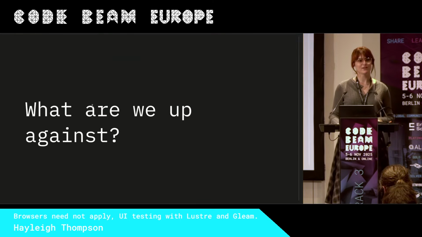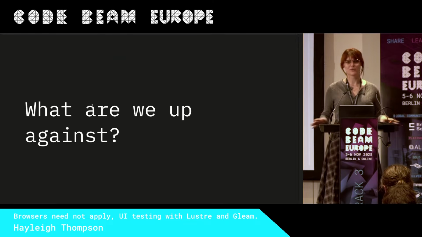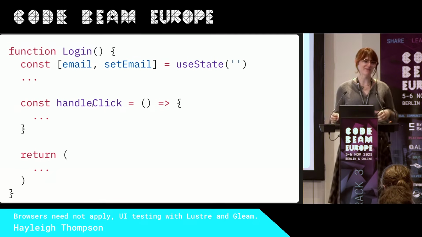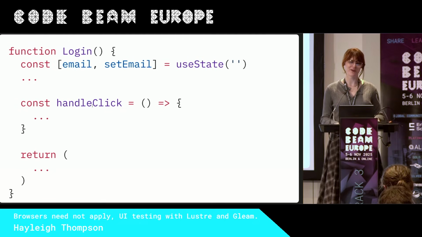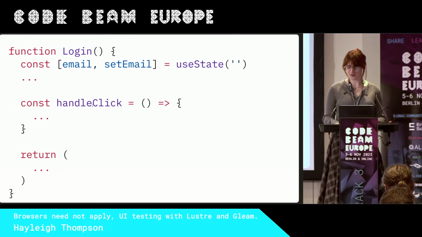So first, let's take a little second to look at what we're up against. I know this maybe isn't a front-end heavy room, but the allure of React is always there, right? Even if you're a back-end developer, probably if you're looking at technologies, React is going to come up. So this is a kind of imaginary login component, right?